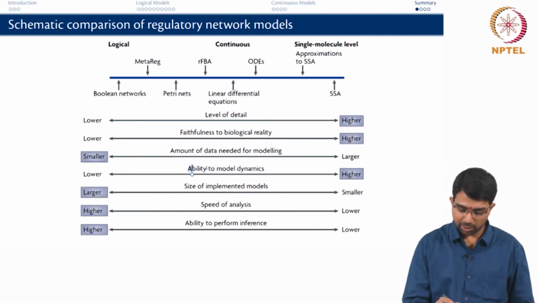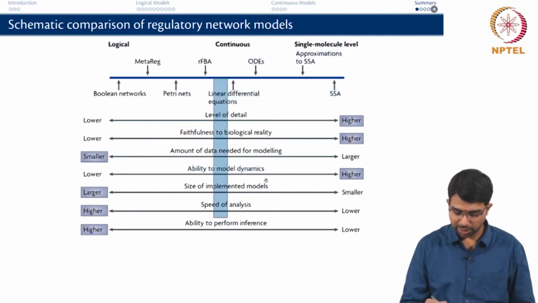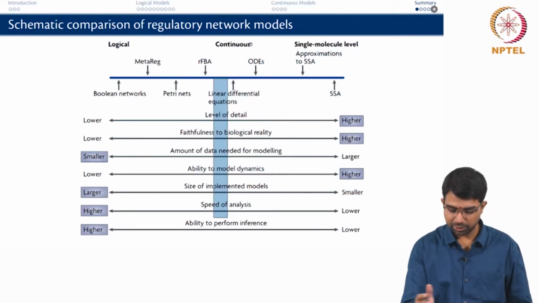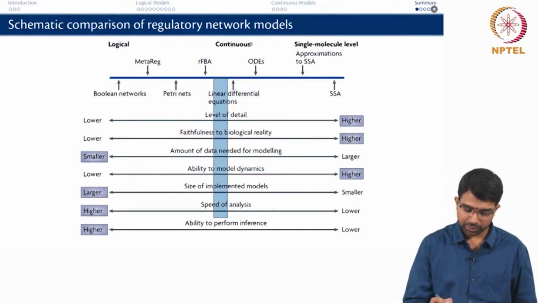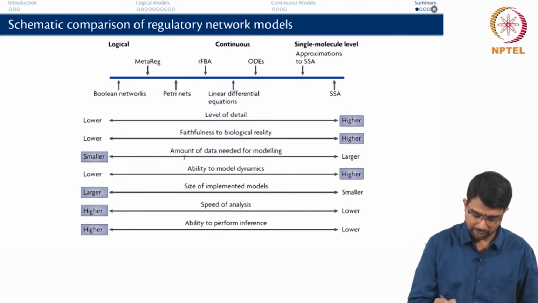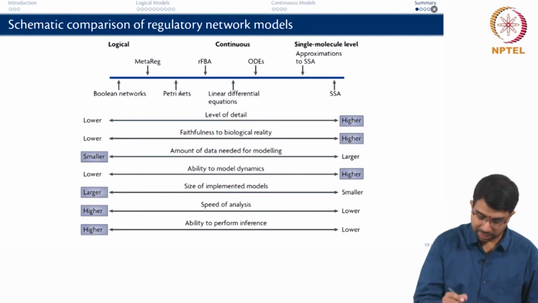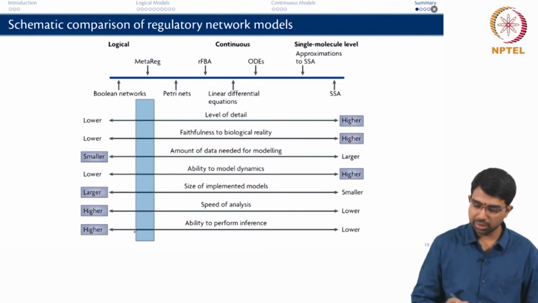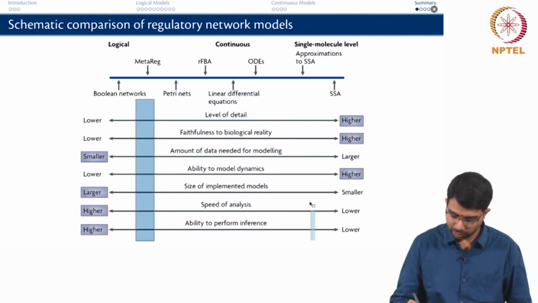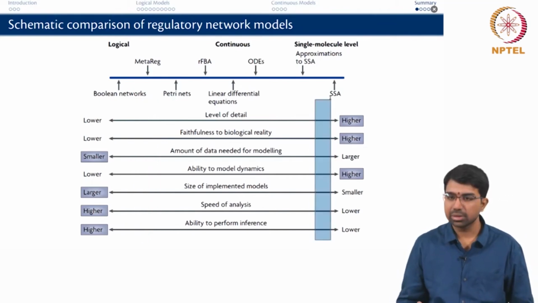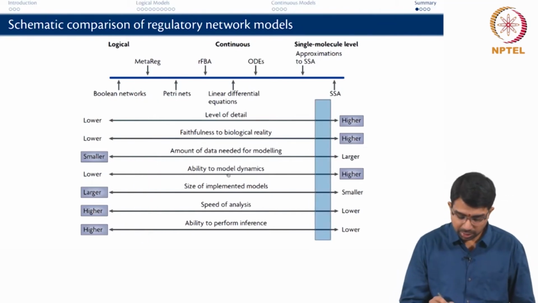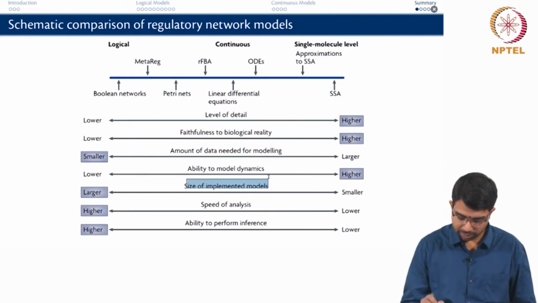If we are more interested in modeling dynamics, then you are limited to models to the right of this bar, right. If you are very interested in making very large system predictions, you want to look at somewhere here, right. Or if you want to be very accurate, you want to look at somewhere here, but then again you will not be able to simulate a very large system.